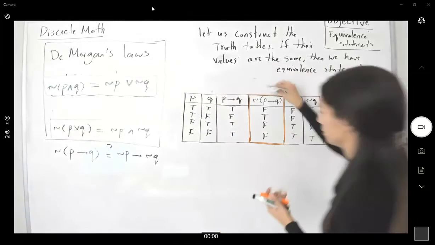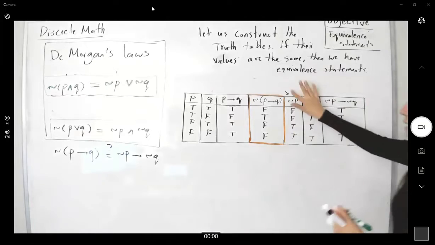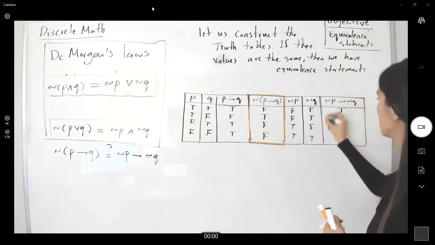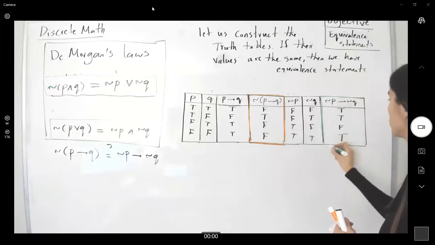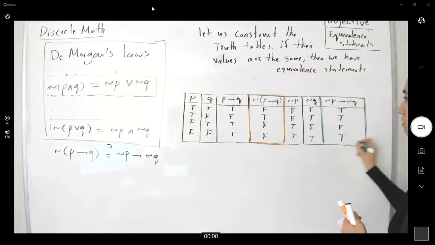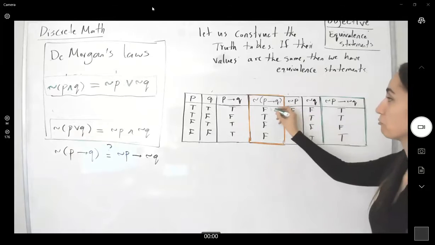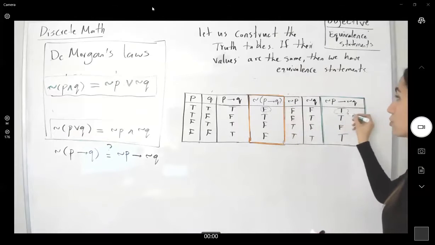If these two columns are the same, then we say that they are equivalent to each other. Let's check these two columns. These are the columns that we're going to compare. The very first row, here you have false, and here you have true.